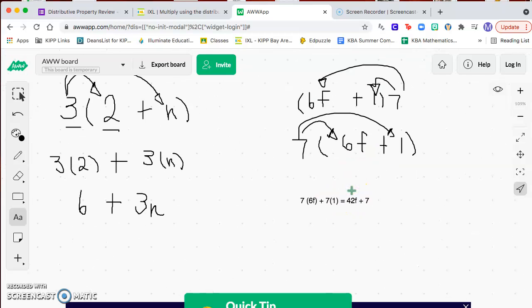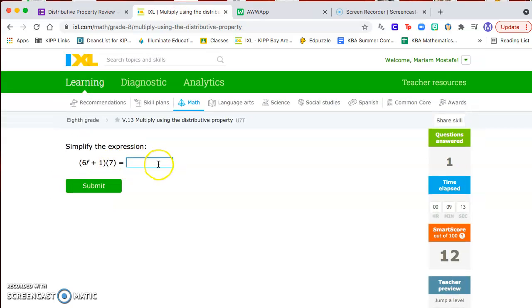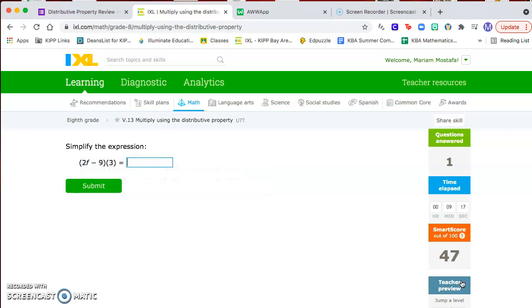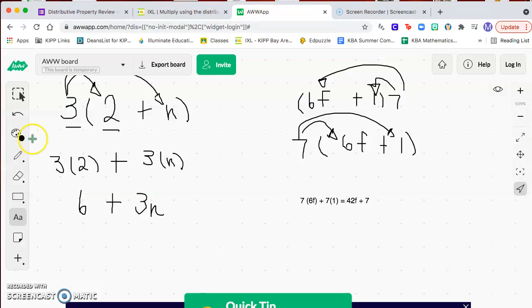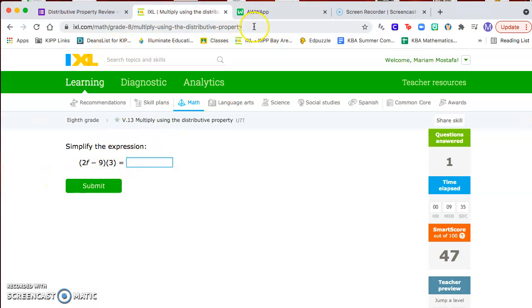Okay, can't move this. But the last thing I want to show you is that it gets a little bit complicated once negative numbers get involved or subtraction gets involved. So for example, if I were to undo all of this, if I have subtraction, and here I could just switch the 3 to the other side.